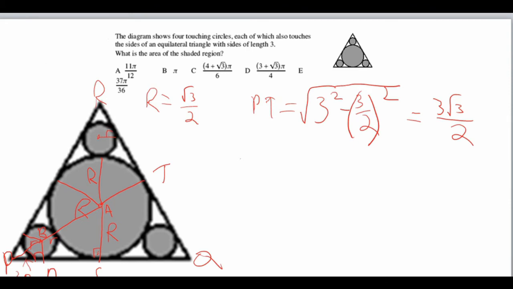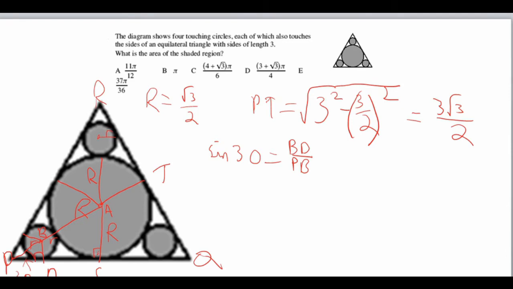Also, we can work out the length of PB in terms of R. So using trigonometry again, we will get that sine 30 is equal to BD over PB, where BD is the opposite of the angle BPD in the triangle PDB, and PB is obviously the hypotenuse.